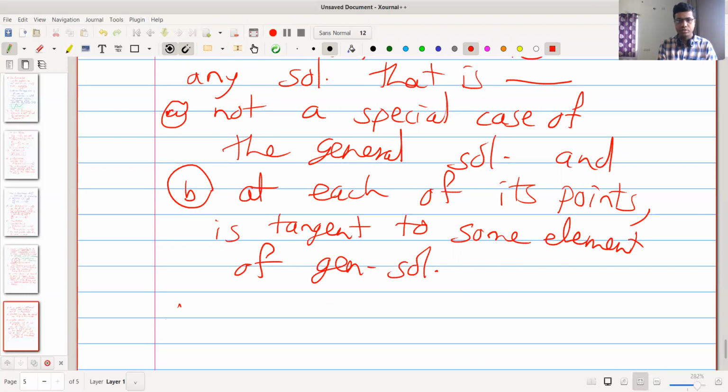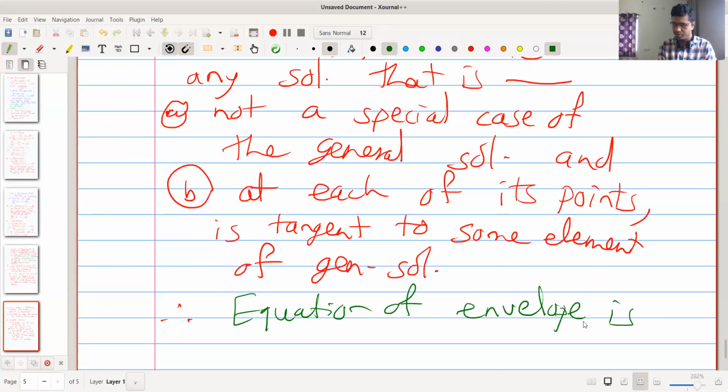Therefore, we can see that the envelope is satisfying these conditions. So the equation of the envelope is also a singular solution.